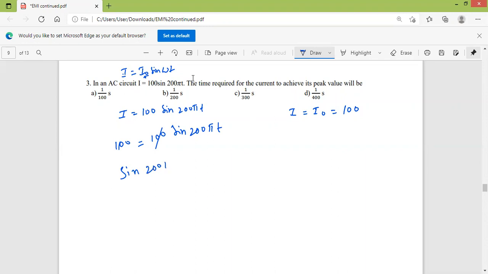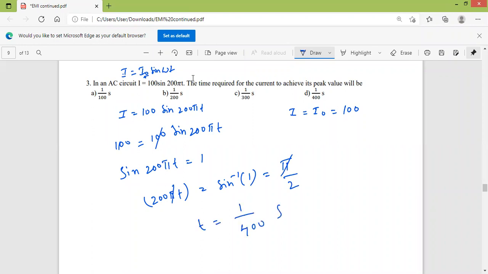Sine 200 pi t is equal to 1, so 200 pi t is equal to sine inverse of 1, which is pi by 2. Pi cancels. T is equal to 1 by 400 seconds. Option D is the correct answer.